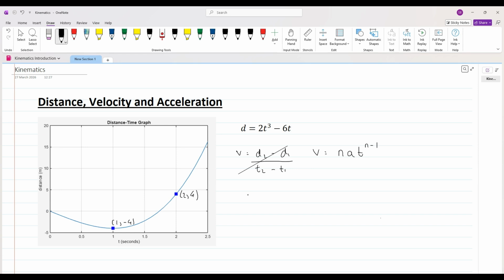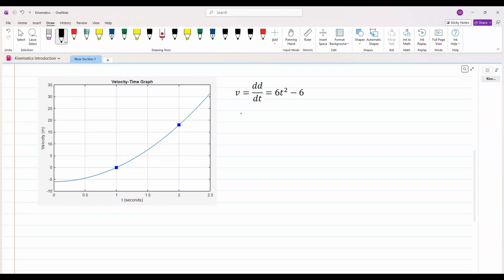So applying this, we get v equals 3 times 2 t to the 3 minus 1, minus 1 times 6 t to the 1 minus 1, which gives us 6t squared minus 6. And this is our equation for the velocity of the object.